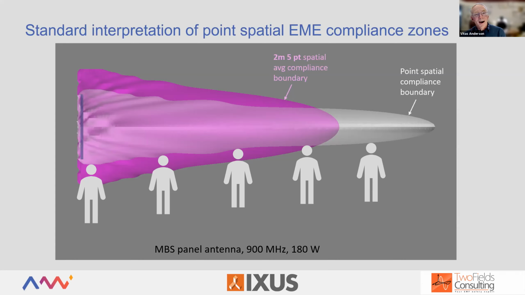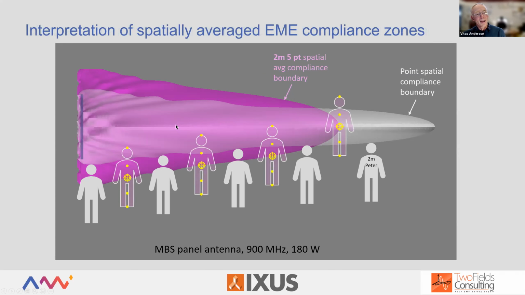But actually, I don't think that's the case, and I'm going to show you in the next slide why. The reason is that when you do a 5-point spatial averaging, your assessment point is basically at the center of the body.